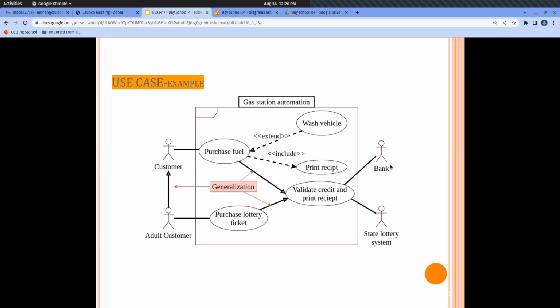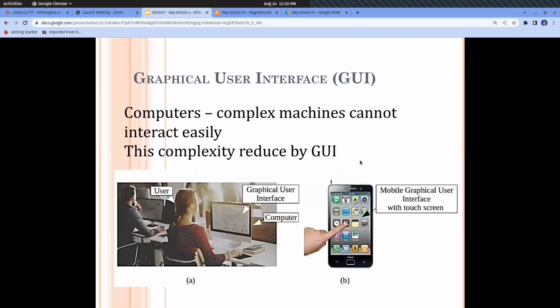Now the last one is the graphical user interface. I will explain this briefly. The graphical user interface is the interface between the system and the user. The system is a software system.